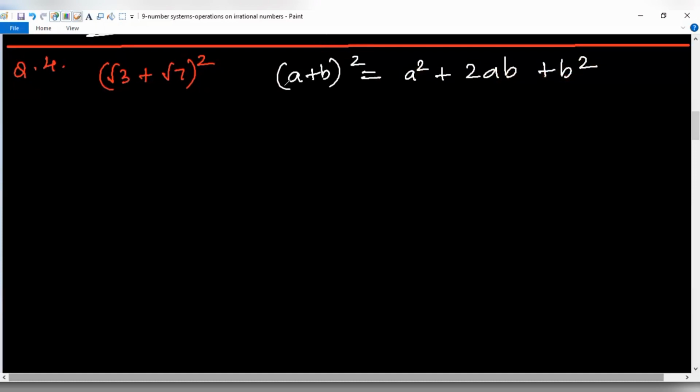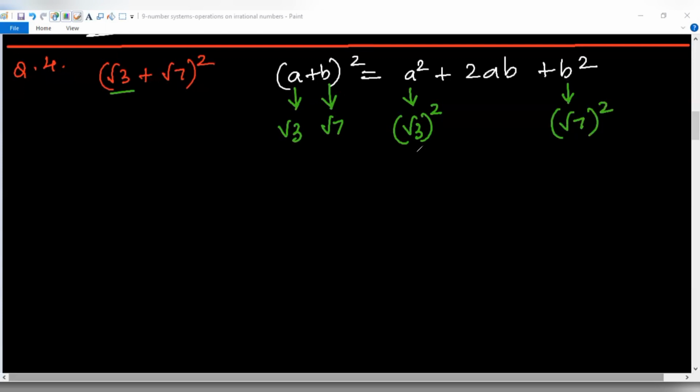Here, in the question, in place of a, what is given? Root 3, right? In place of b, it is given as root 7. So, in place of a square, we need root 3, the whole square, because a is same as root 3. And in place of b square, we need root 7, the whole square, right?